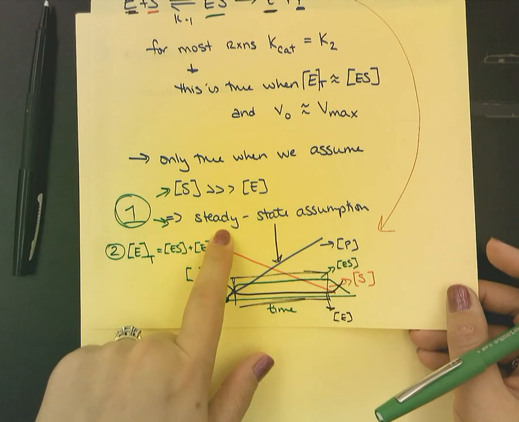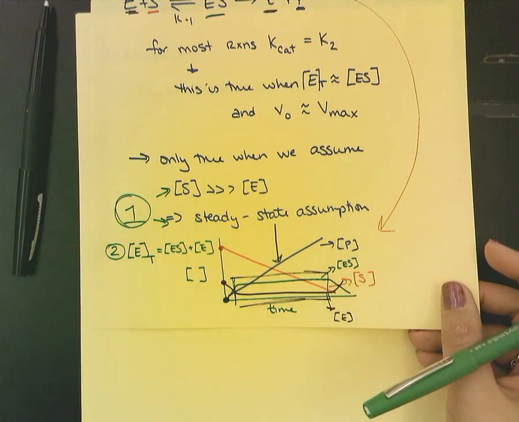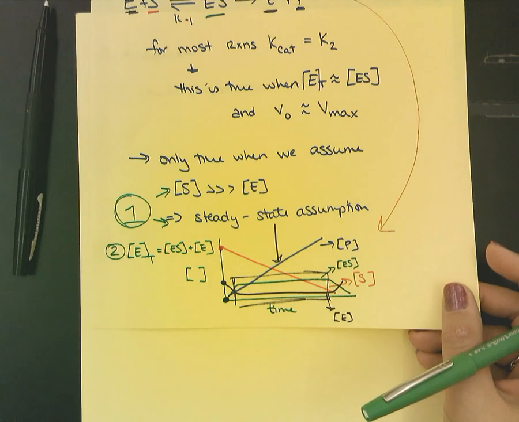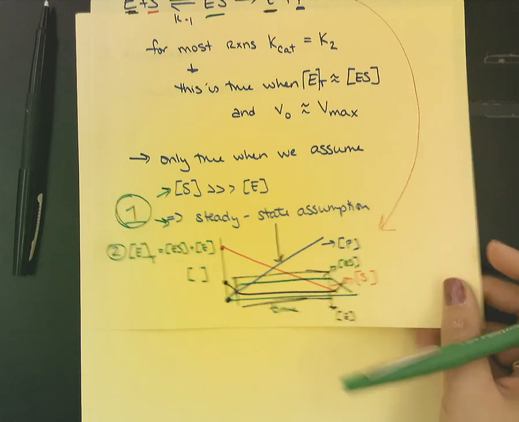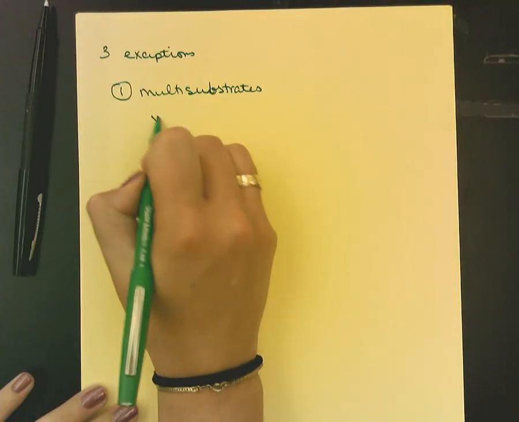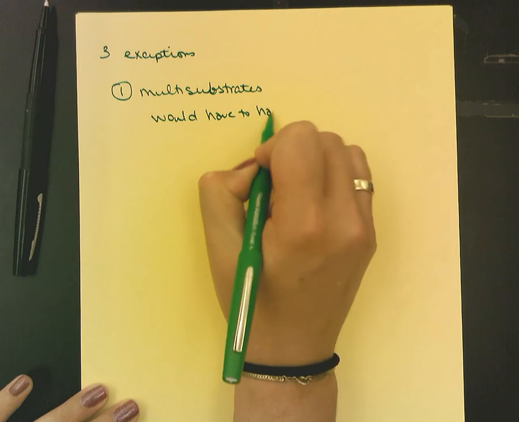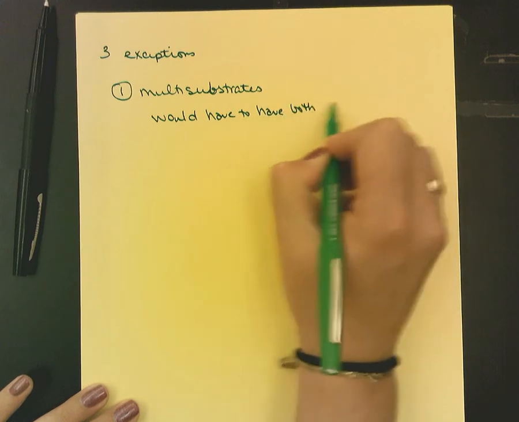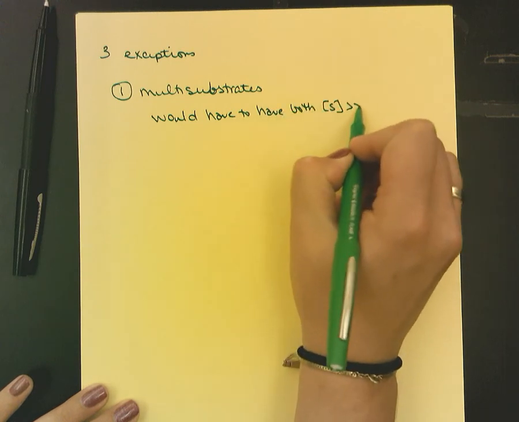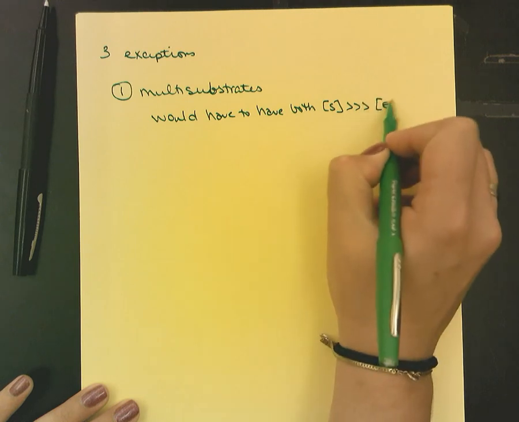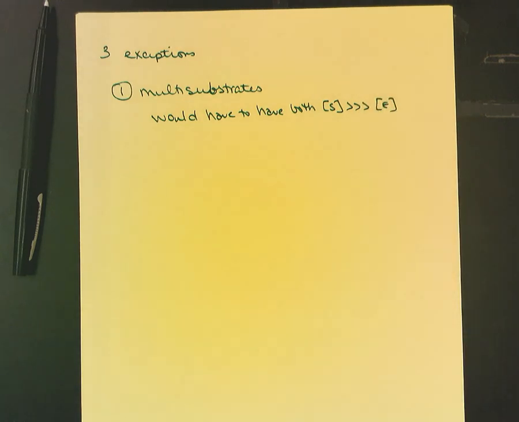Which means steady state may or may not be true depending, because you have to have both substrates in excess of the enzyme. So both substrates have to be in excess.